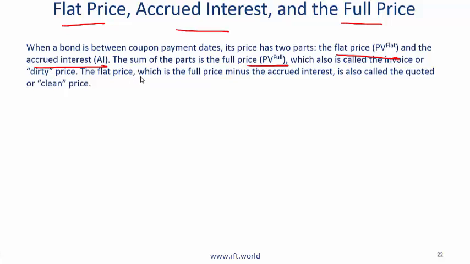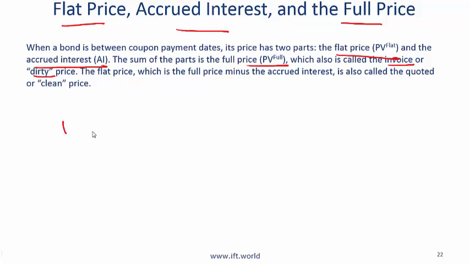The flat price, which is the full price minus the accrued interest, is also called the quoted or clean price. So when you look at the price in the newspaper, then that is the quoted price or the clean price. If you buy the bond, the amount that you will actually pay is the full price, also called invoice price or dirty price.